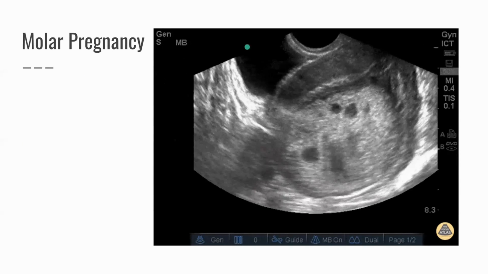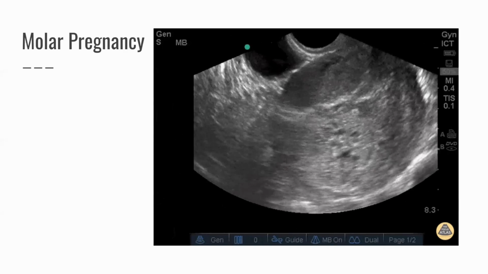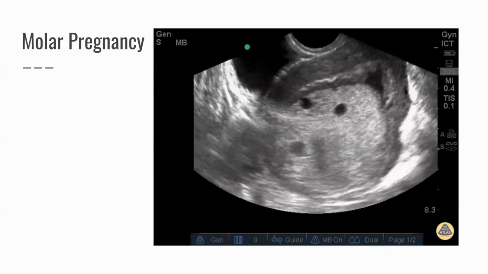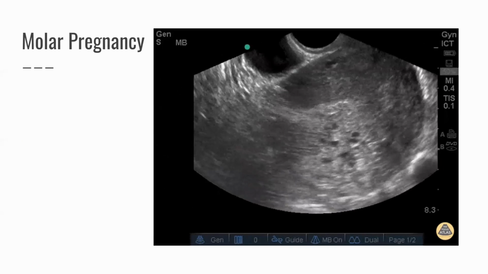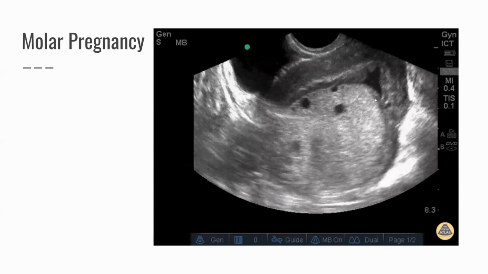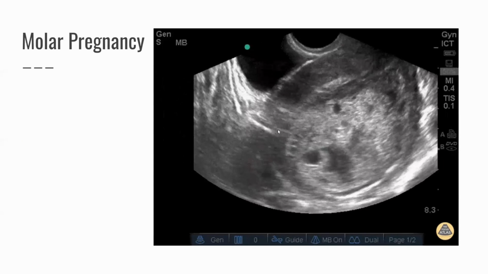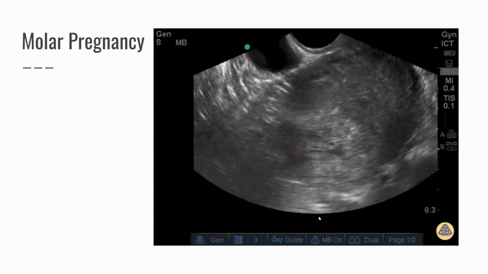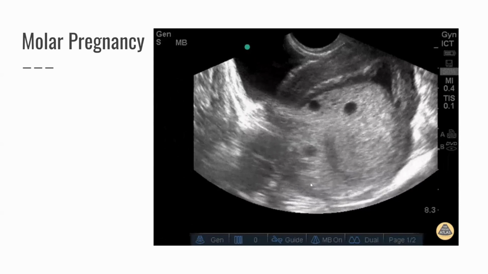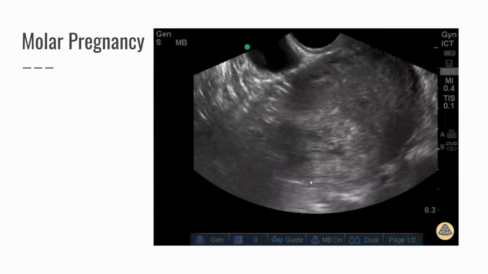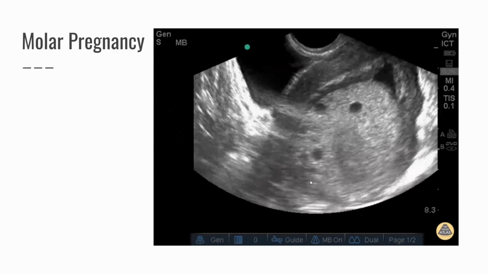Okay, so just a couple of other things that can come up with first trimester pregnancy ultrasound. You can have a molar pregnancy, and this is kind of that snowstorm appearance where your HCG level is significantly elevated out of proportion, and you don't see any sort of intrauterine fetus or embryo or anything else.